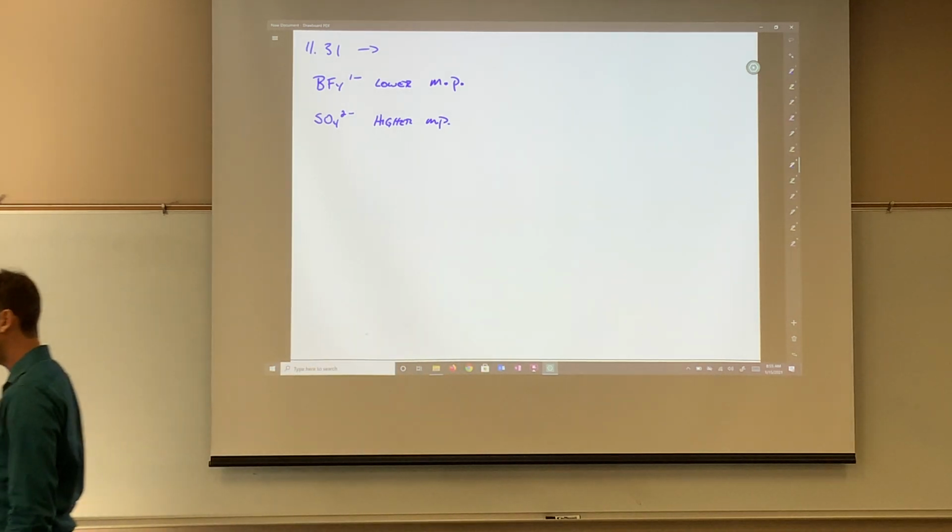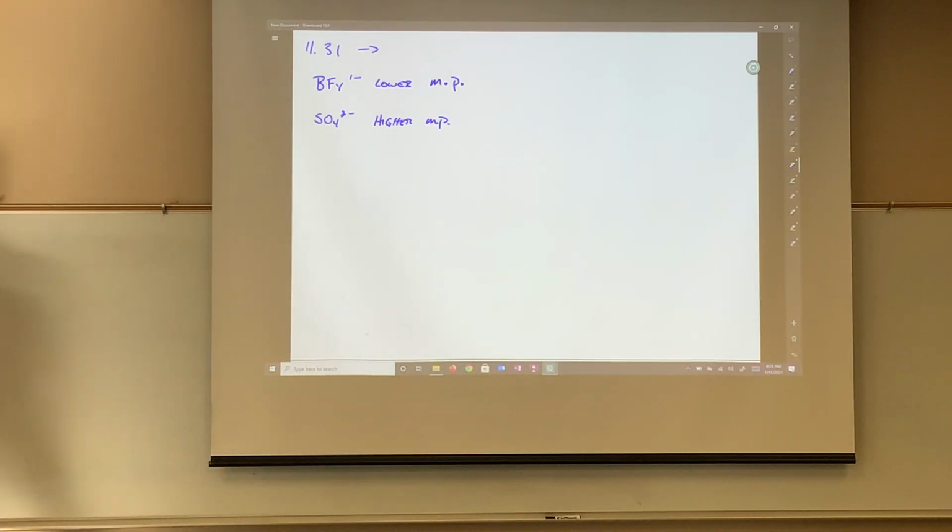I'm assuming we're using the periodic table values. Yes? Do the identities of the atoms have something to do with it? Do they indeed?